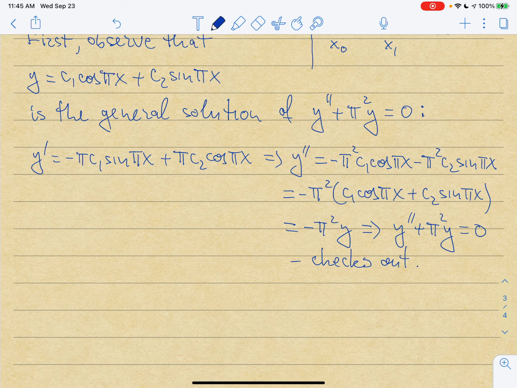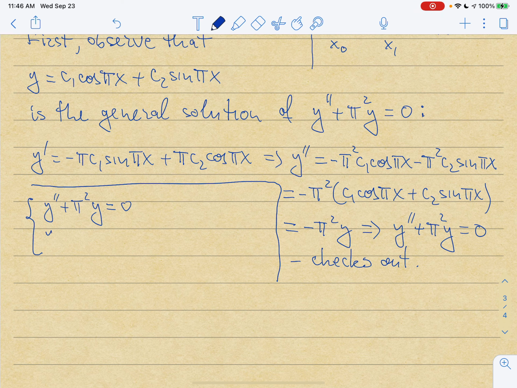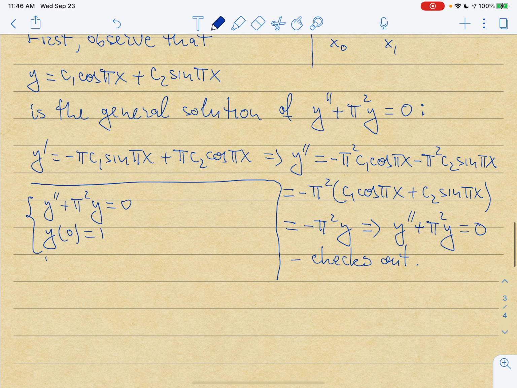All right, so we have the solution of the ODE, and I'm going to use that solution to solve a couple of boundary value problems. Consider a boundary value problem like this. y double prime plus pi squared y equal to 0, and then maybe y of 0 is equal to 1, and y of 1 is equal to 2.